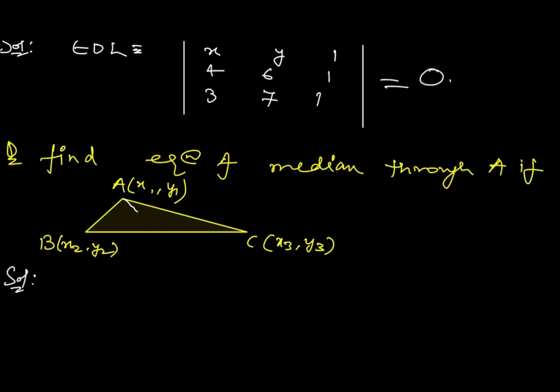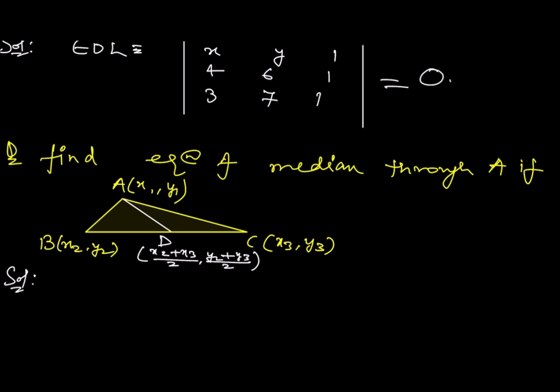A is already given, and the other point is the point on BC, say D, and D is nothing but ((x2 plus x3) by 2, (y2 plus y3) by 2).